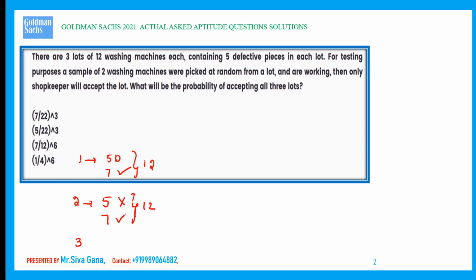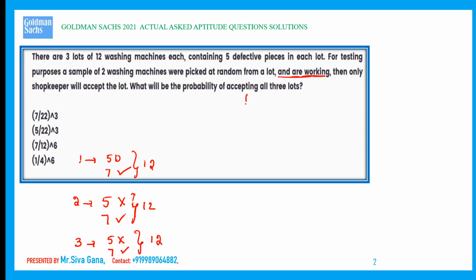In the third lot also 5 defective pieces, 7 working, total 12, right? For testing purposes, a sample of two washing machines is picked at random from a lot, and if both are working, let's keep it in mind, then only the shopkeeper will accept the lot. What will be the probability of accepting all three lots?